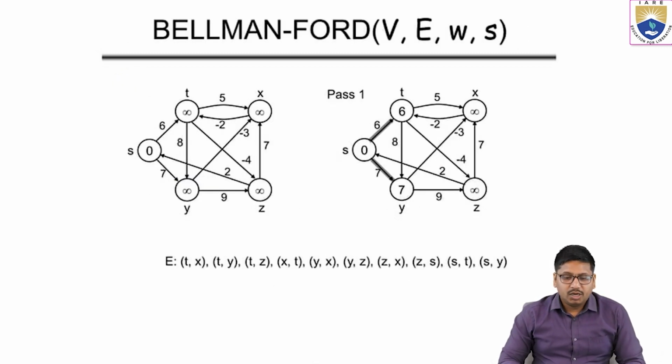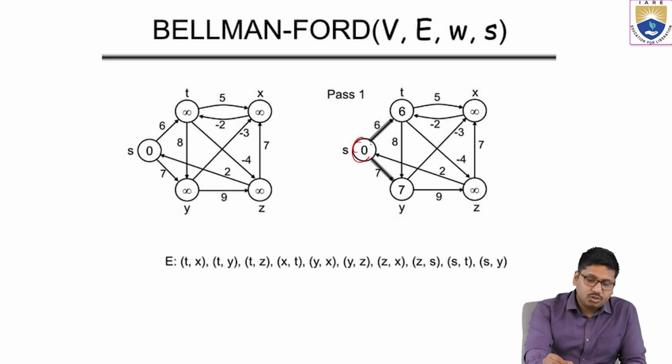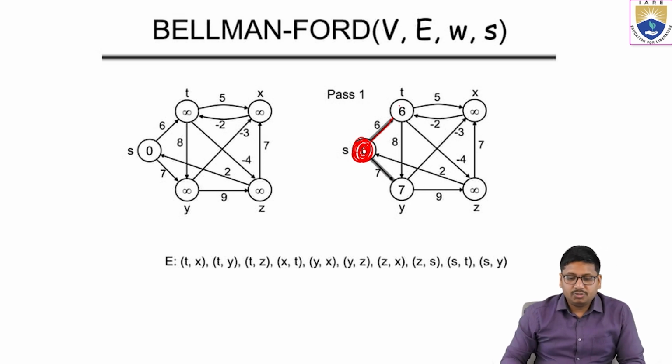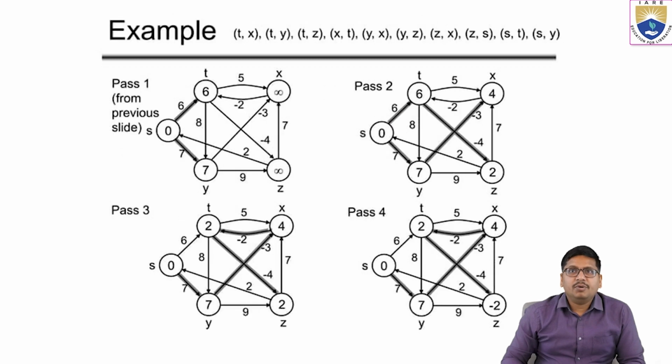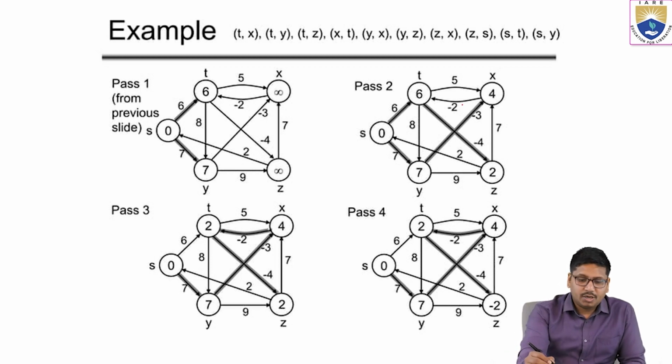So in the first pass, we have to identify from the single source what should be the minimum weight here. 6 or 7, so I'm going to select 6 in pass 1. And in pass 2, from 6, what should be the path here? For pass 2, minus 4 is the minimum one, and minus 2 is the next one.